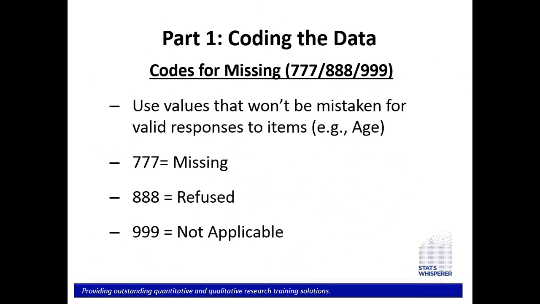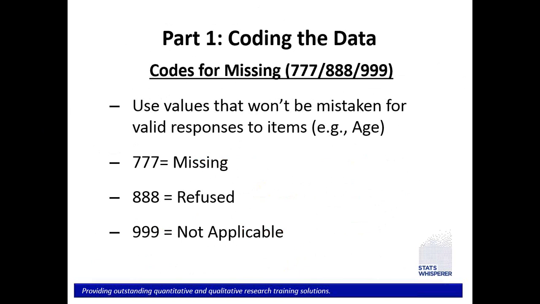For example, if we were going to put in the number 9 for a missing response, and the item is age, we might think that the person's age is actually 9. So we can't tell the difference between somebody who's 9 years old and a missing data point for the variable age.